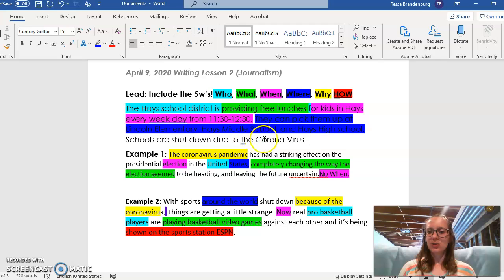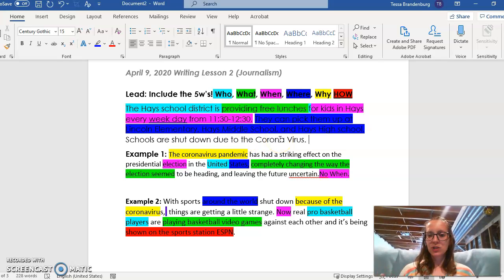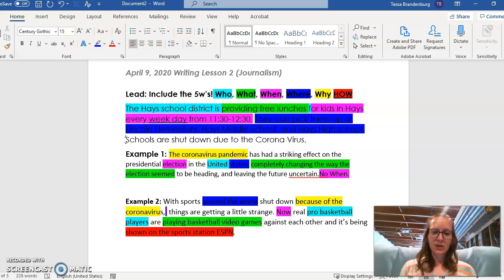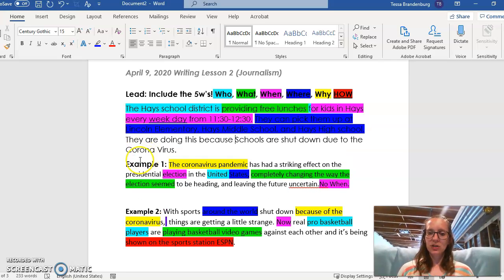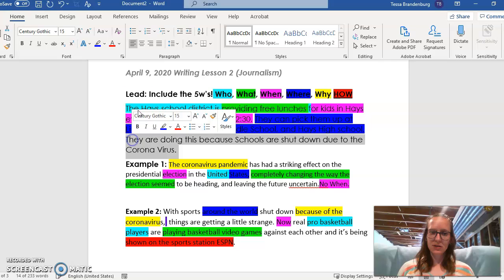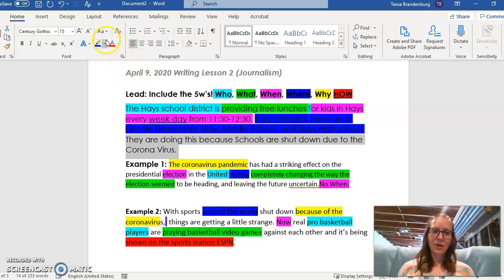Schools are shut down due to the coronavirus. So I could just put that, but it's nice to use the word because that helps the reader know there's a reason. Like because is used for a cause and then an effect, so the reason for it would be. So I could just say they are doing this because schools are shut down due to the coronavirus. So that would be my why.